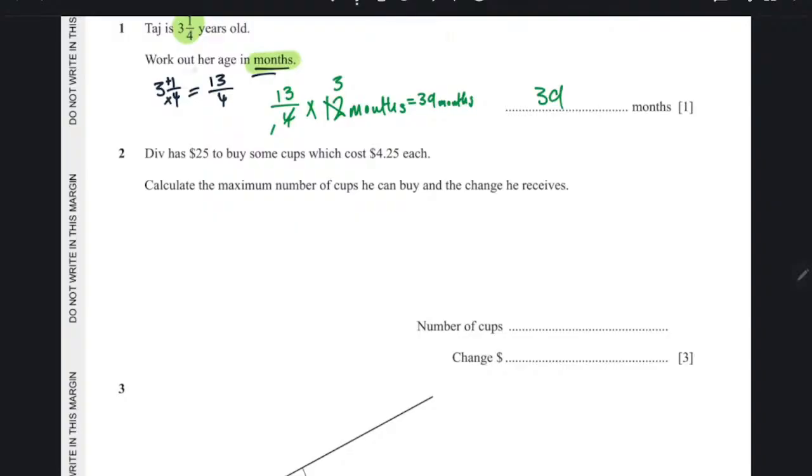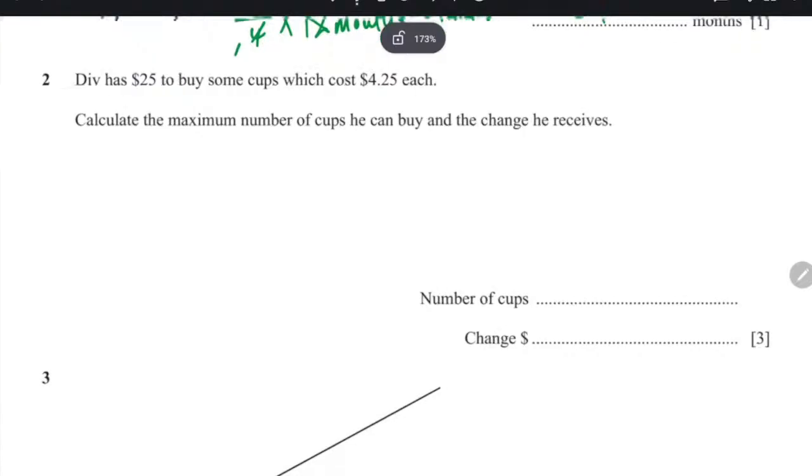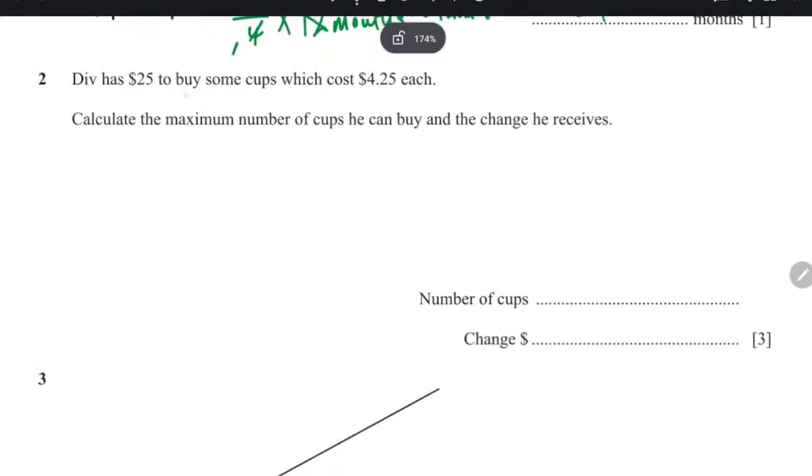All right, well done. Now the second question says, Dave has $25 to buy some cups, and one costs $4.25. So if you know the cost of one, you divide it into the amount of money you have, okay? So you can say max number of cups will be, how much money do I have? $25.